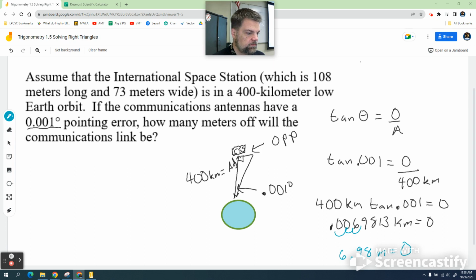Okay. So that's what it would be off. So what they're trying to say is that you might not be able to communicate to the satellite. What they're trying to say is, like, if it's off by 6.9 meters, will they not be able to communicate with the International Space Station?